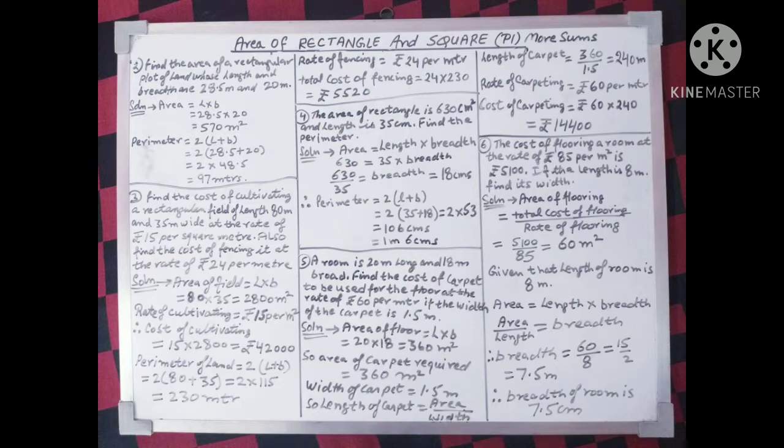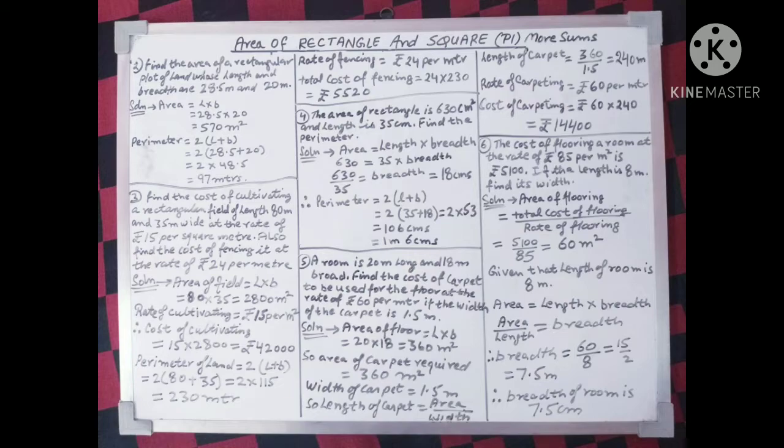So if we want to cultivate 2800 meter square, we will multiply 15 into 2800, which will give us rupees 42,000. Therefore, cost of the cultivation is rupees 42,000.